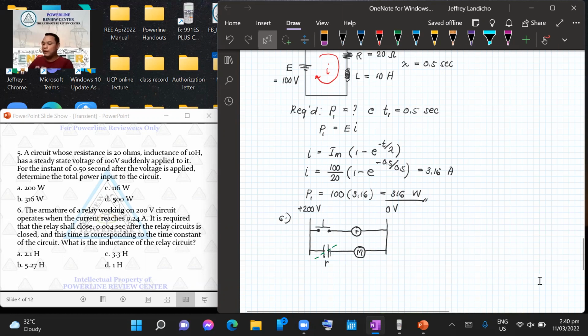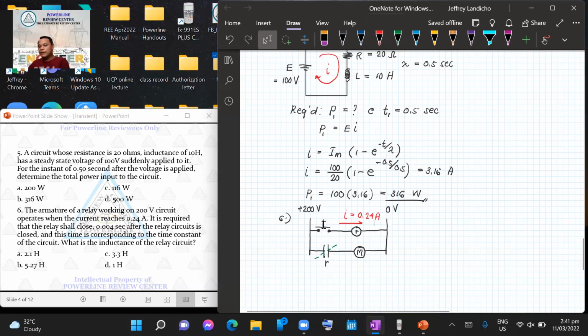So what does the problem say? In order for this given relay circuit to activate, starting at time equal to 0 when the switch is closed, let us not add latching. When we push this button, our switch, it turns on. In order to activate our relay circuit and energize the relay, the current here should be equal to 0.24 ampere.